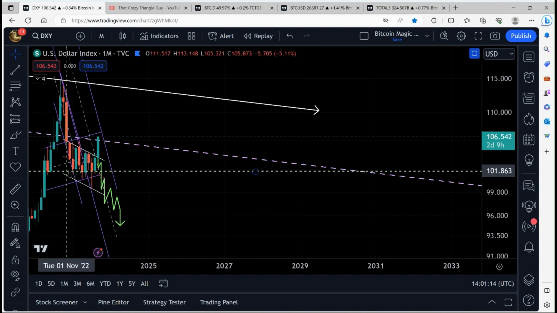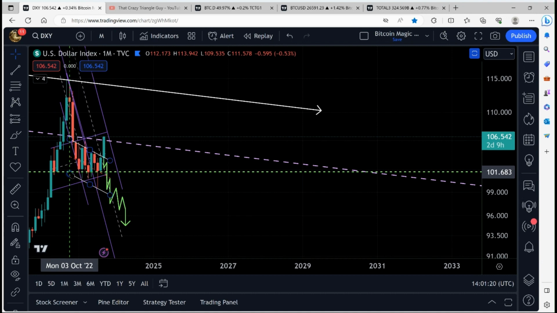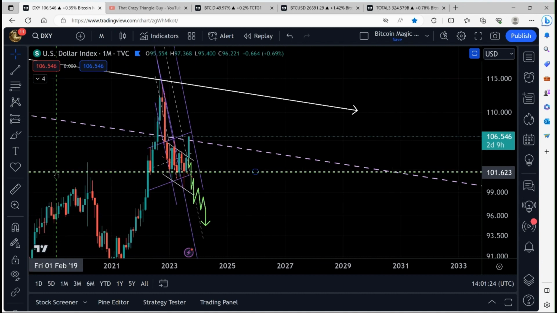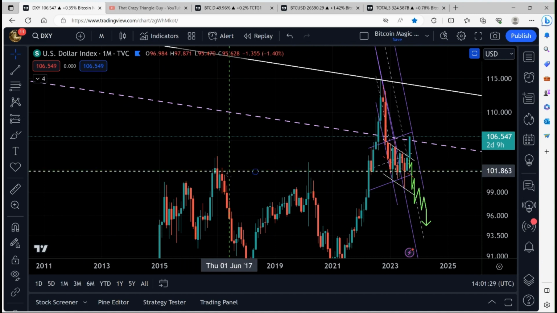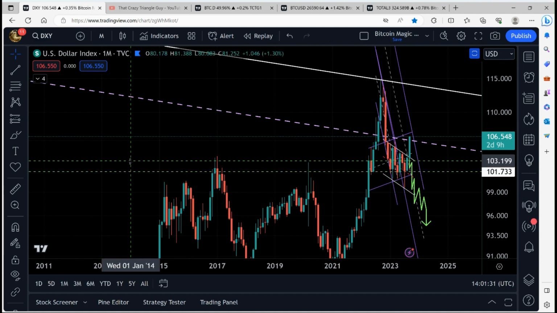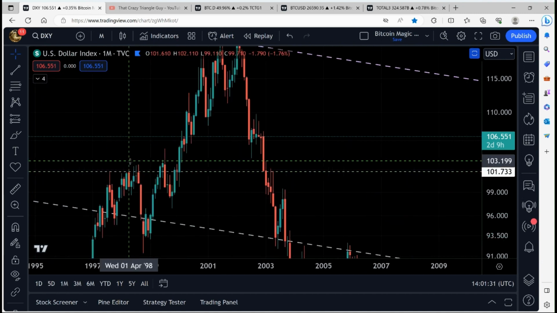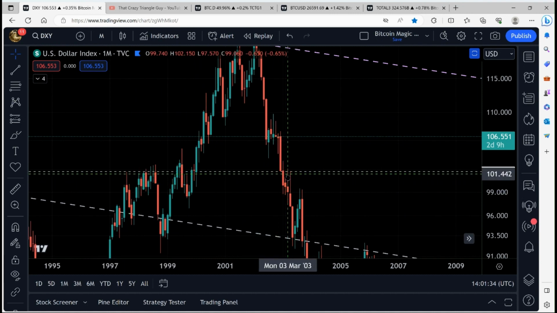And you can see it's been a key level of support and resistance. You can see it right here. You can see it right there. And it goes back over decades here. We're on a monthly. You can see more points of contact on a weekly and daily time frame.